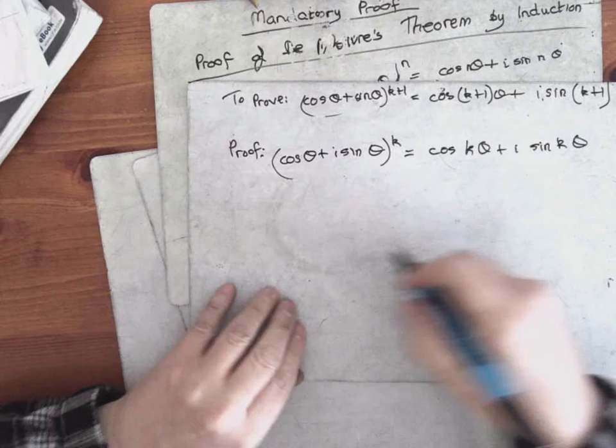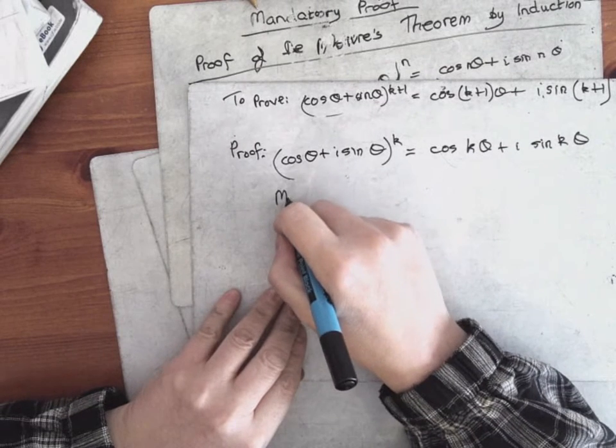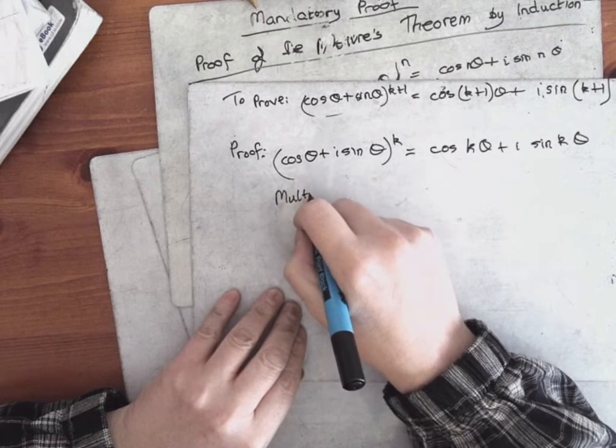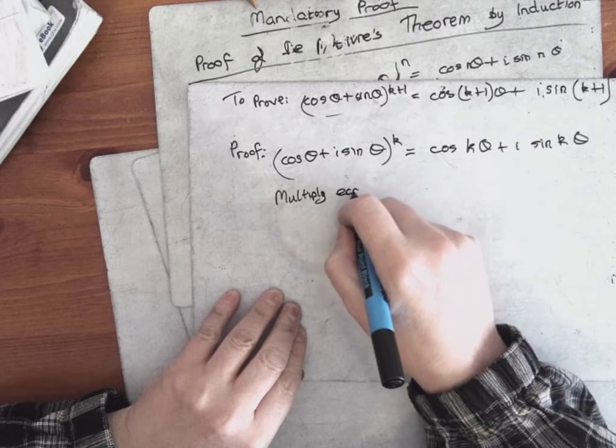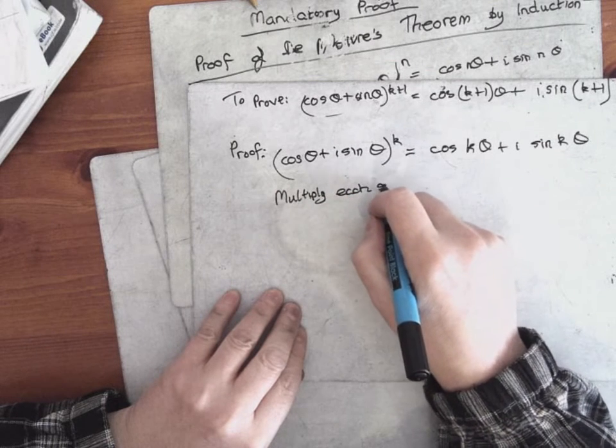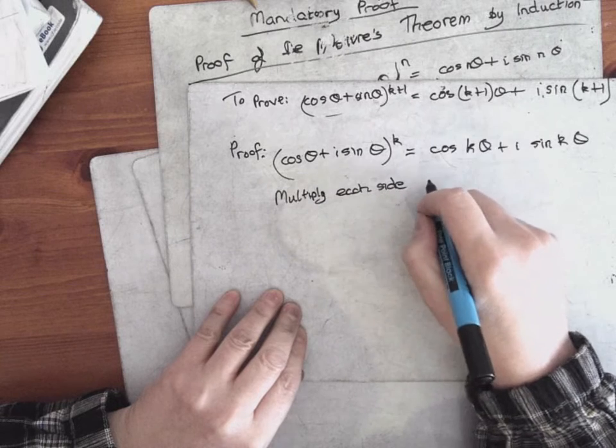So if I multiply each side by cos theta plus i sine theta.